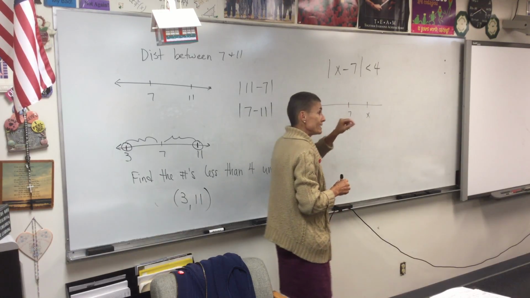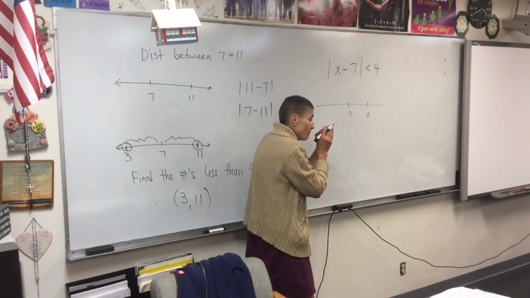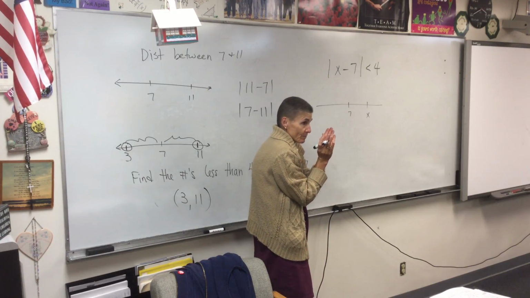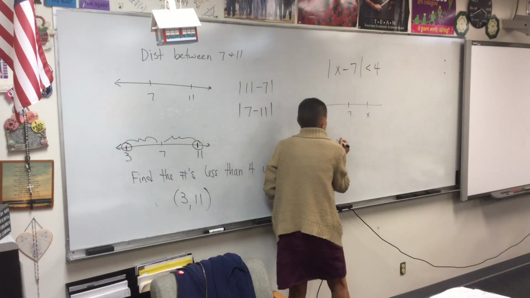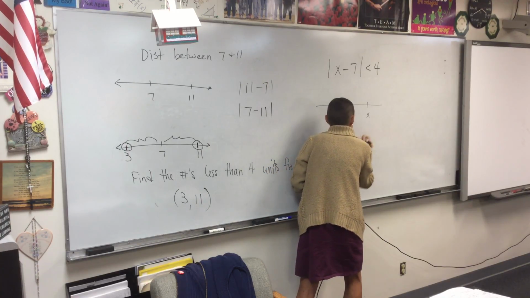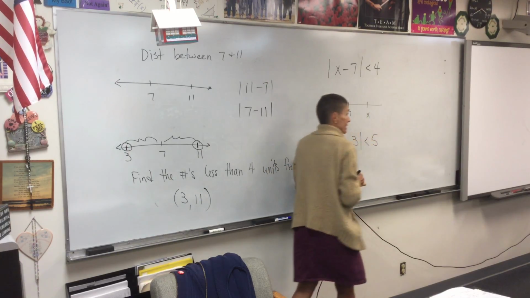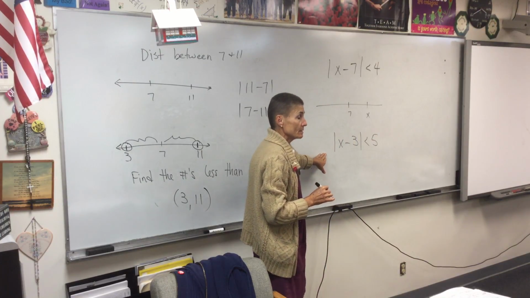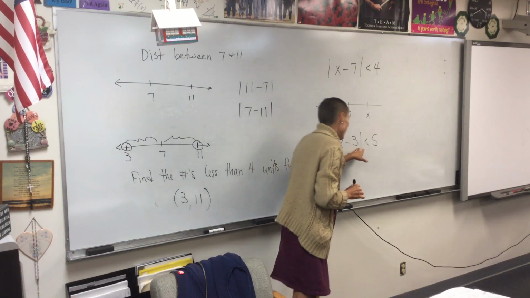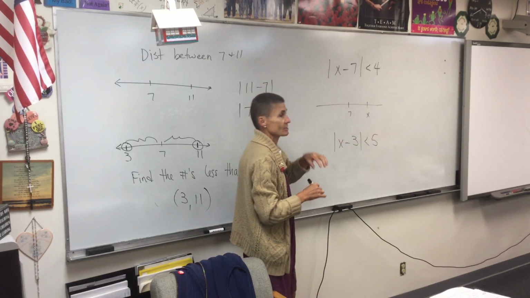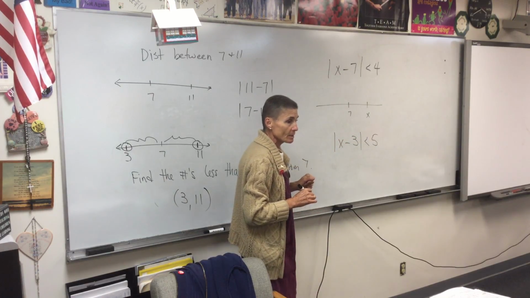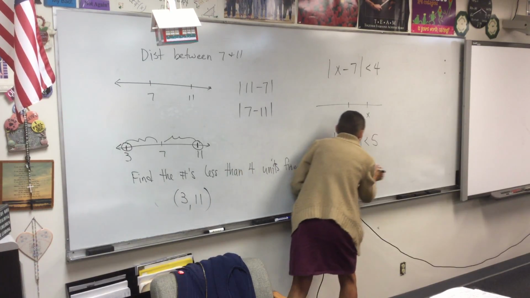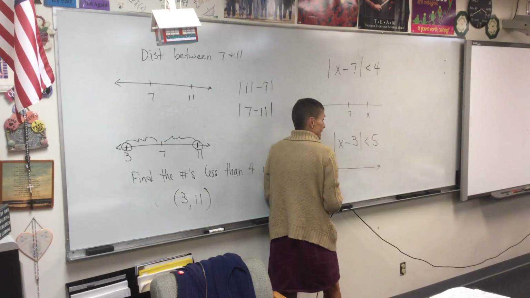Now what I'm trying to do is open a new way of thinking for you. Because in calculus class, expressions like this are very common. Only they don't have numbers here, they have letters like epsilons. This literally says, here's the number 3.